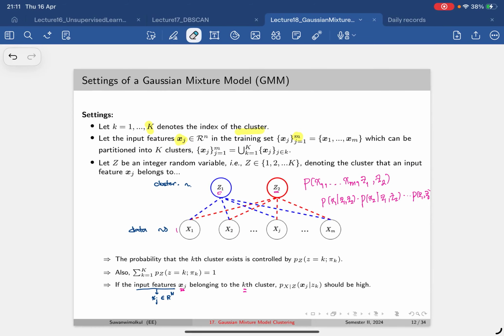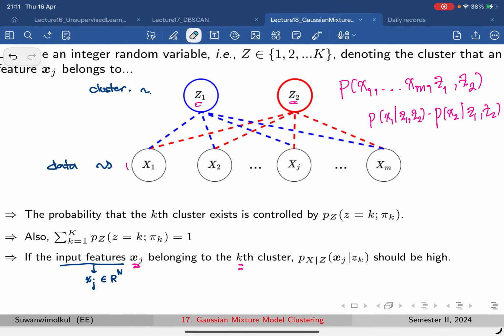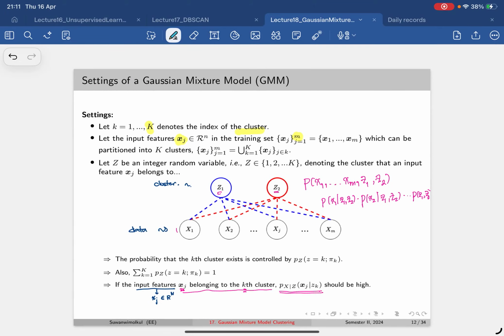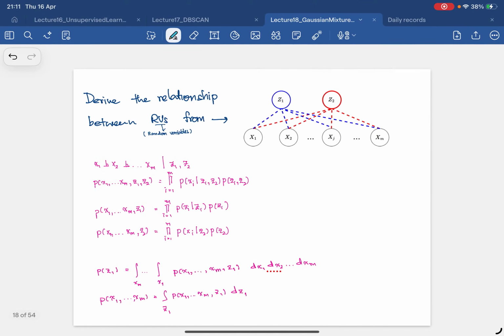And if we want to see the probability that input feature xj belongs to cluster k, we can write that probability as probability of xj given zk. It depends on how you want to denote that zk parameter.